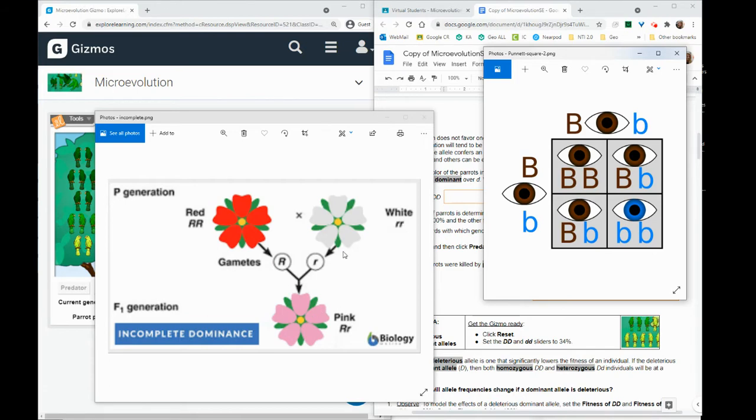So in an incomplete dominance situation, we would have three separate phenotypes, the red, the white, and the pink, instead of just two phenotypes. So if the red were completely dominant over the white, then these would also be red. But since the red is incompletely dominant, these heterozygous flowers are pink.